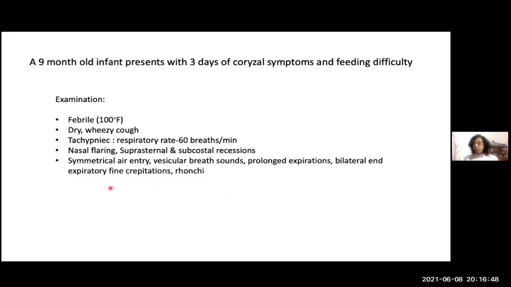On auscultation, you find symmetrical air entry, vesicular breath sounds, prolonged expirations with bilateral expiratory fine crepitations and rhonchi. So what could be your clinical diagnosis based on this information?